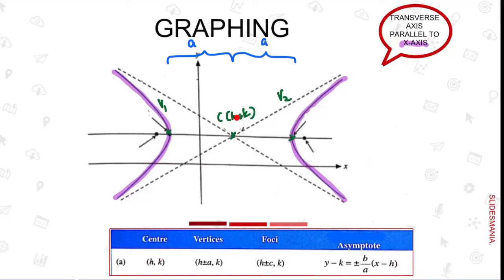Therefore, from (h, k), if you go back with the distance a, the coordinate will be (h minus a, k). Another coordinate will be (h plus a, k), because you have to go to the right. So this is the coordinate of your vertices.